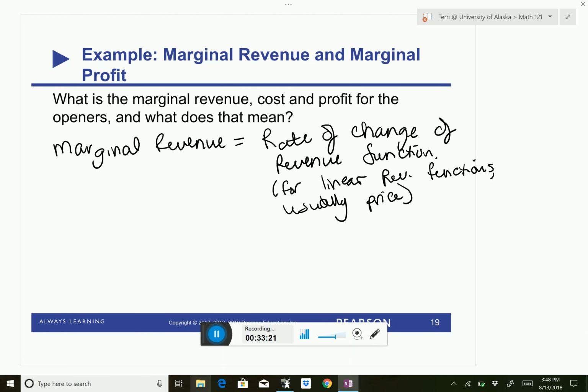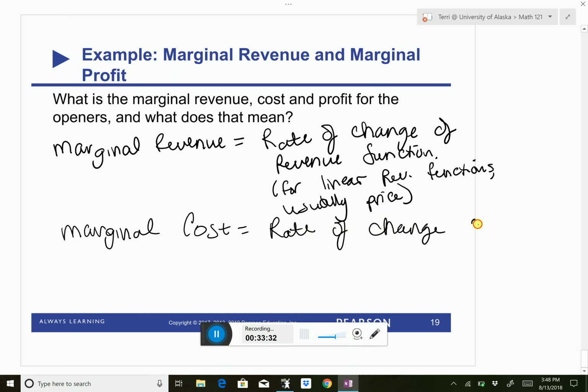And then you have marginal cost. This is the rate of change of the cost function.